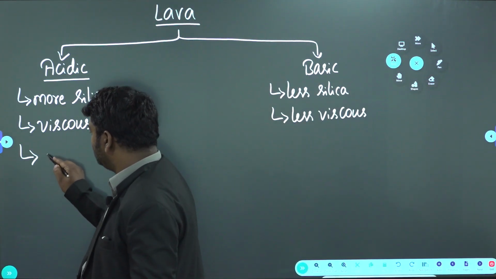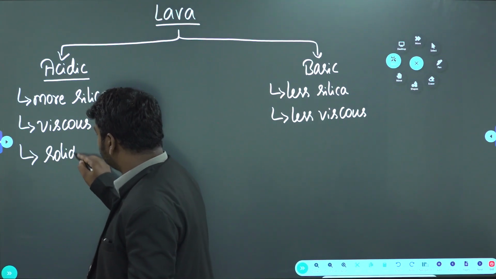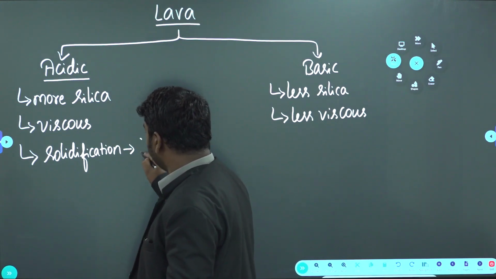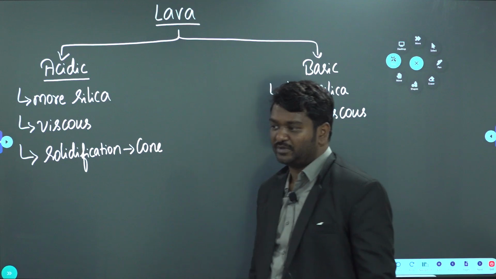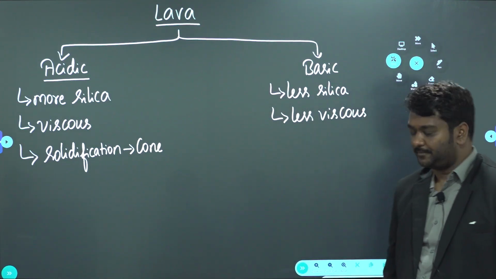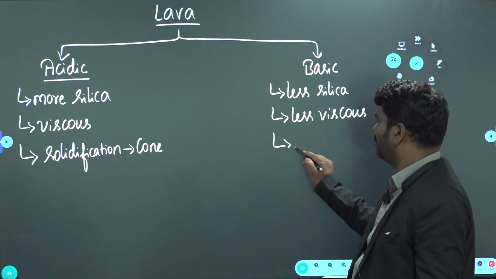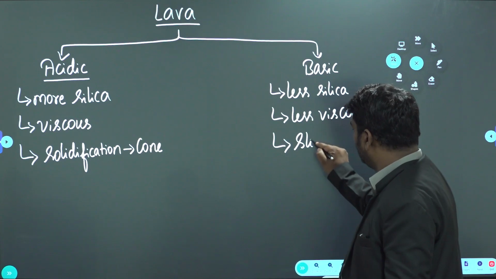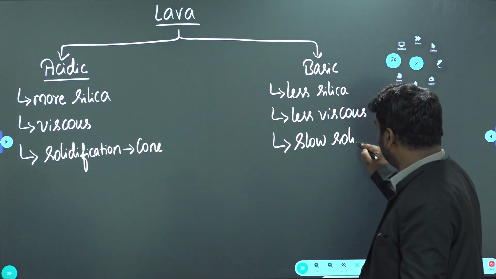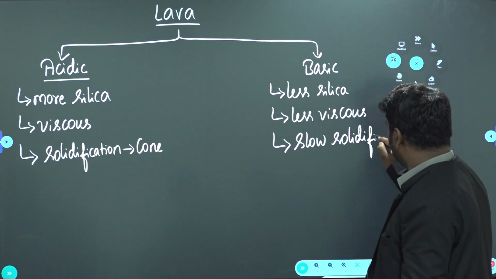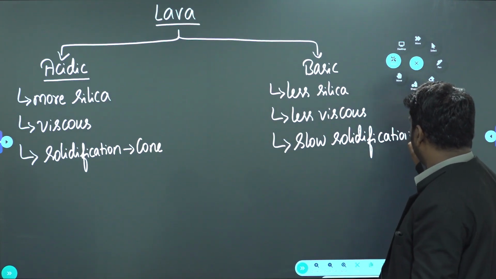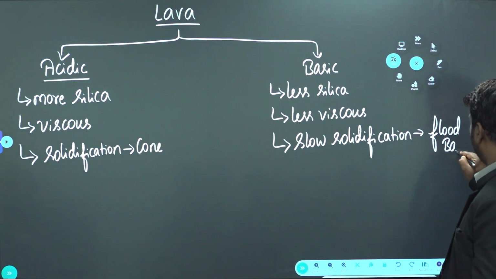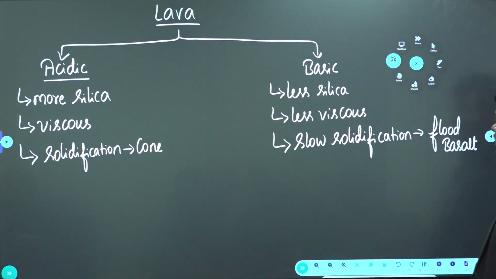So acidic leads to quick solidification and cone formation. It will be slow solidification and it would lead to flood basalt.